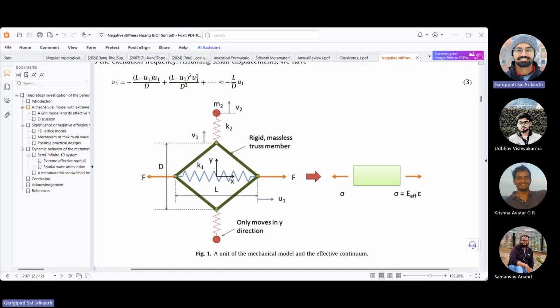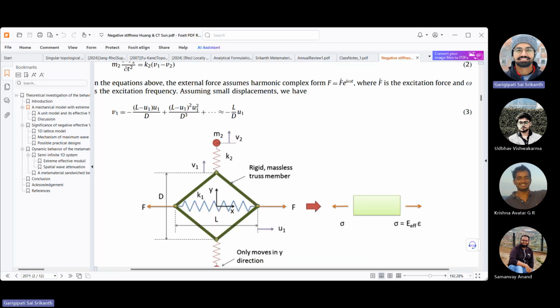Okay, cool. And this is what is written. So what is V1?